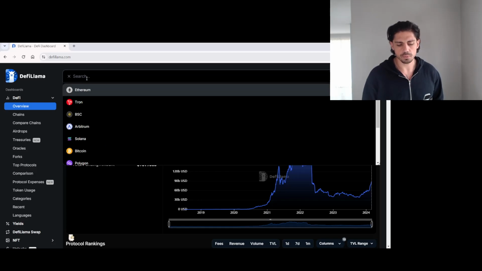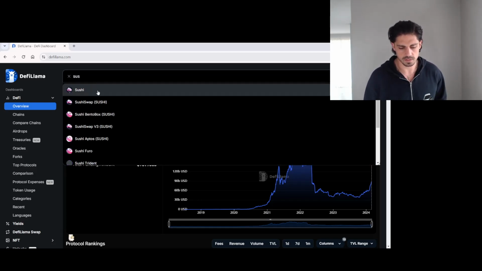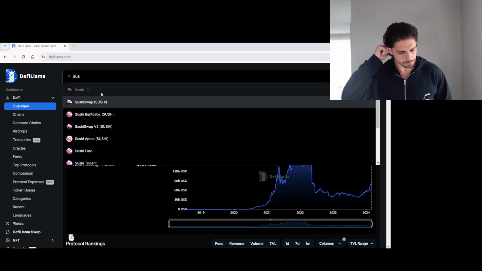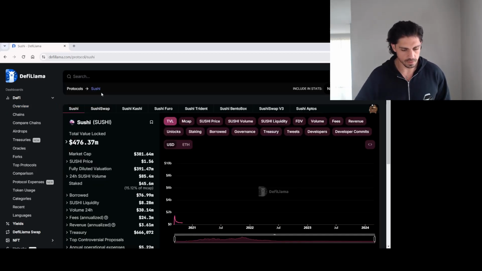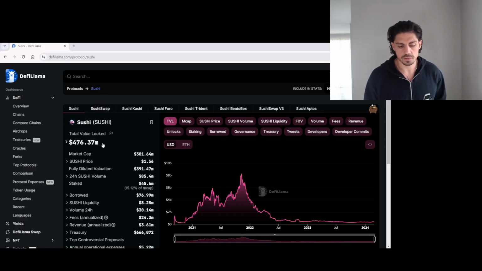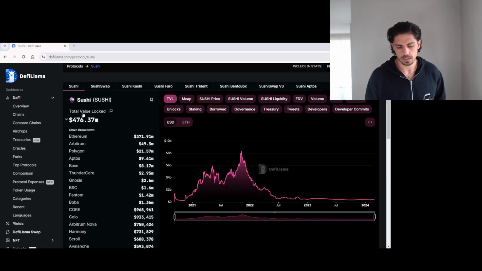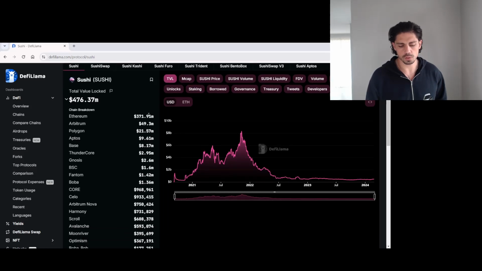So let's look at a project like Sushi Swap. TVL on Sushi Swap is 476 million. Let's see how that's broken down. You can see what's essentially locked per chain.